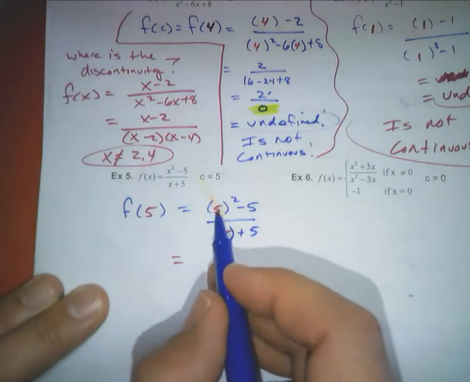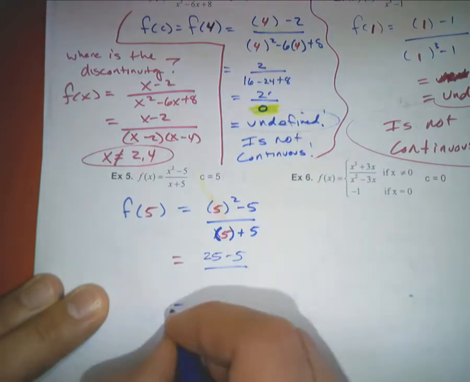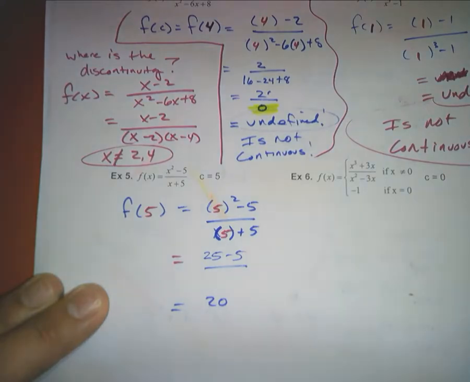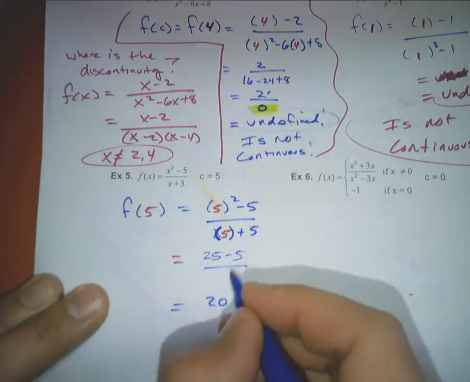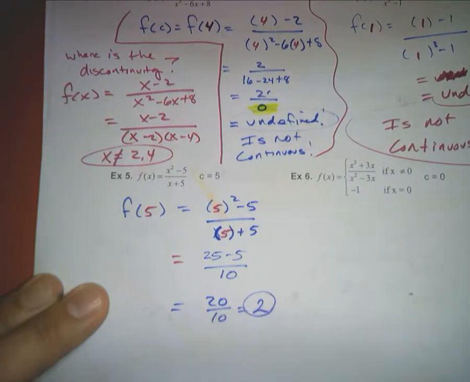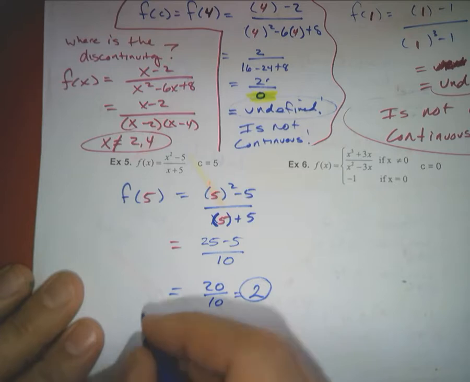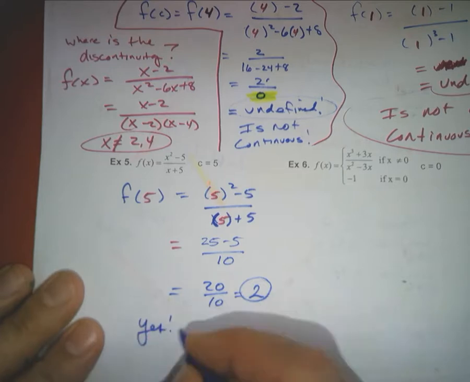We know 5 squared is 25 minus 5 is 20, right? 5 plus 5 is 10, and 20 divided by 10 is 2. Boom. If I can plug that in, I got my intended height of the function. This thing is continuous here, right? So I definitely have continuity. So the answer is yes. It is.